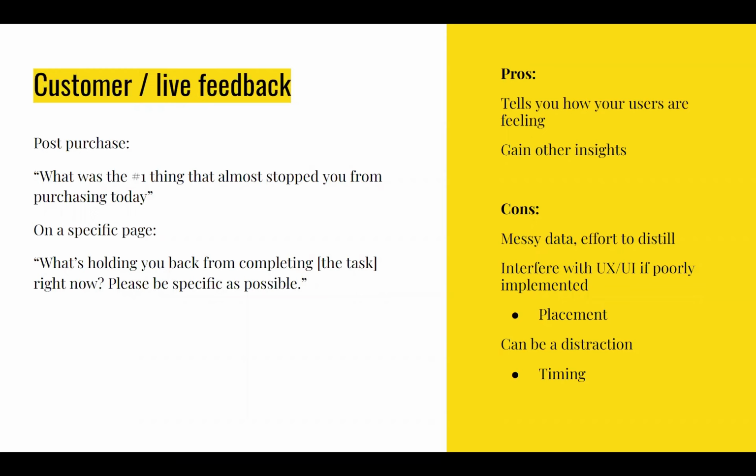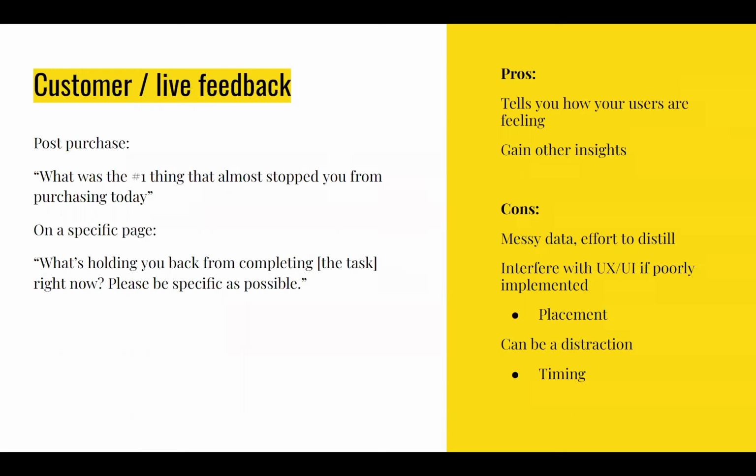And as I'm sure most of you have probably come across, if they're poorly implemented, it can have a detrimental effect. So things like the placement of where that survey or live feedback is in the viewport, and also the timing of it. I'm sure everybody here has also been asked to complete a survey when they landed on a website 30 seconds ago or immediately.